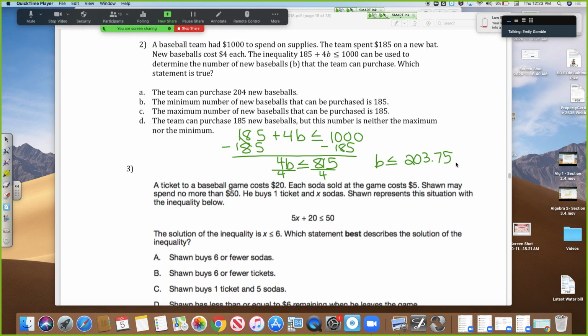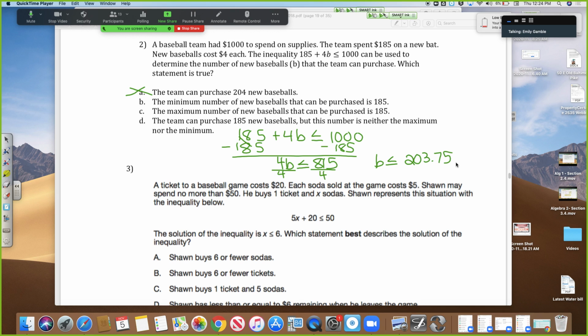So, looking at the four answers we have to choose from, A says the team can purchase 204 new baseballs. Is that true? No, because it's anything less than 203.75, so it's not A. Even though we normally would round up, in this case, since it says less than or equal to, we'd actually have to round down.